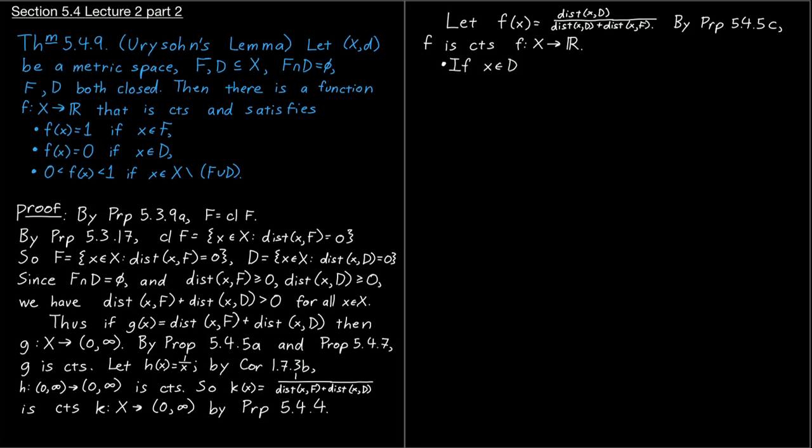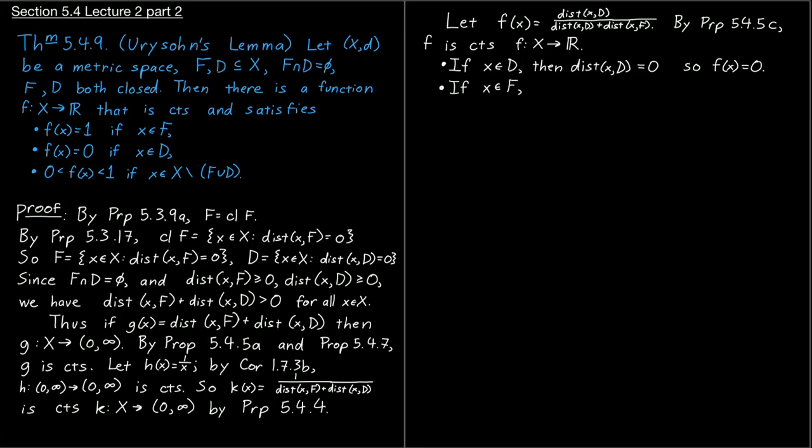Then if x is in D, the distance from x to D is no more than the distance from x to itself, which is 0. So f of x equals 0.